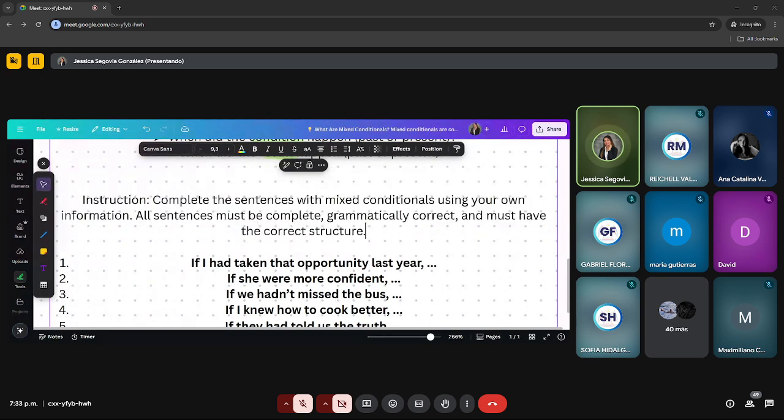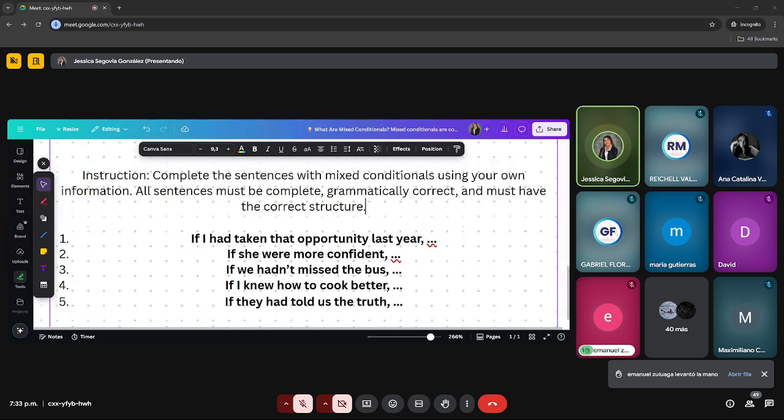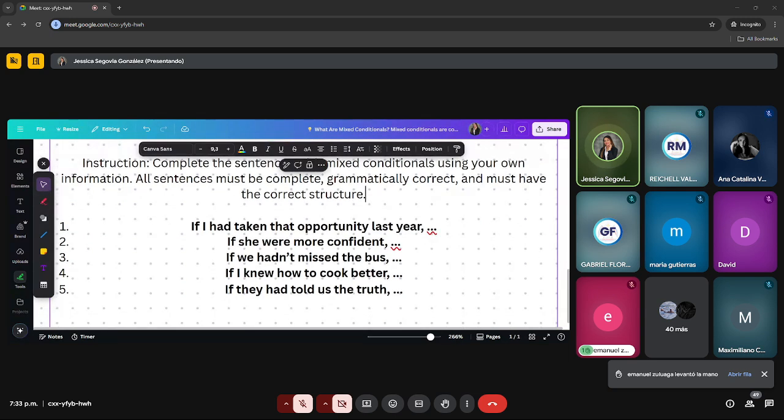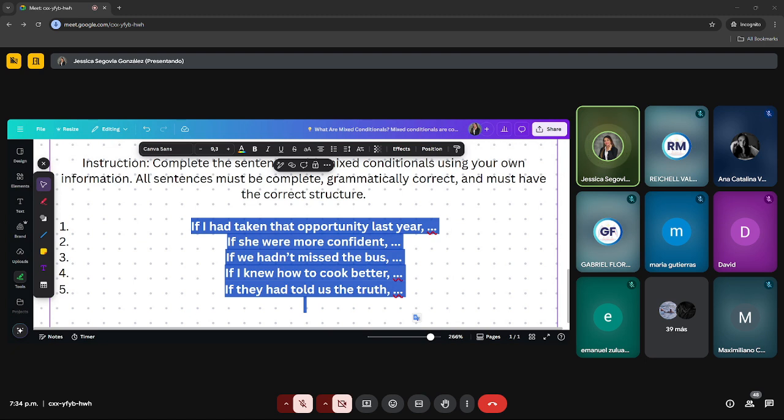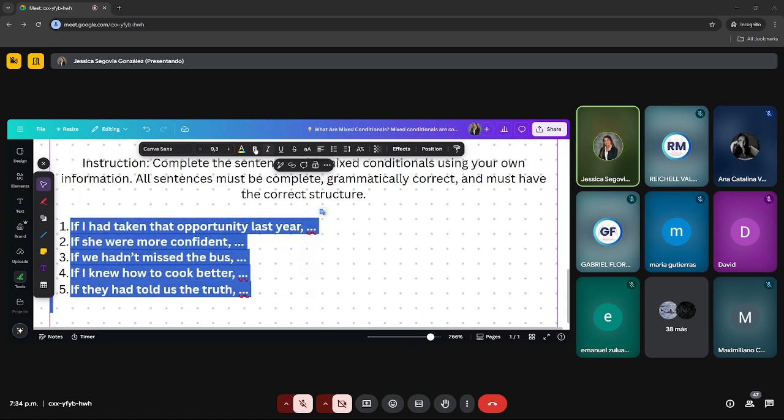Complete the sentences with mixed conditionals using your own information. All sentences must be complete, grammatically correct, and must have the correct structure. Zuluaga, how can I help you? Okay, sorry. Don't worry.